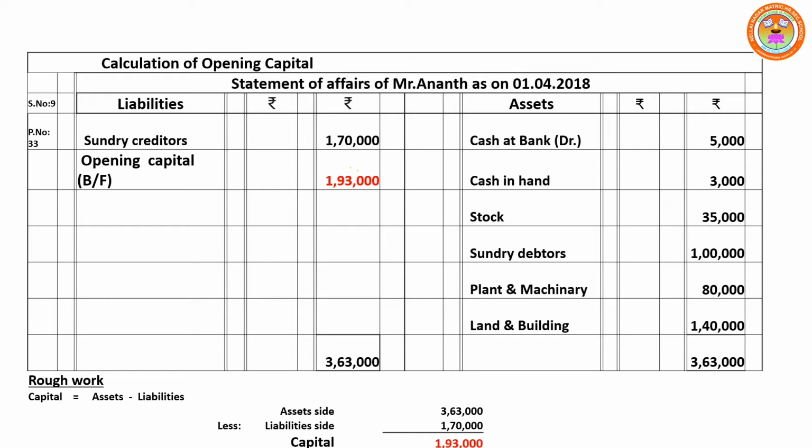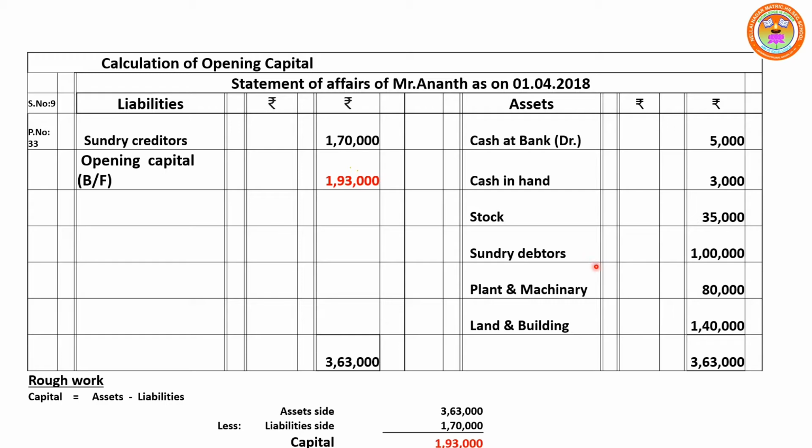So look at the first step. Calculation of opening capital. Statement of affairs of Mr. Anand as on 1st April 2018. Segregate the assets and liabilities. Look at the first one. Cash at bank, debit balance 5,000, cash in hand 3,000, stock 35,000, sundry debtors 1 lakh, plant and machinery 80,000.